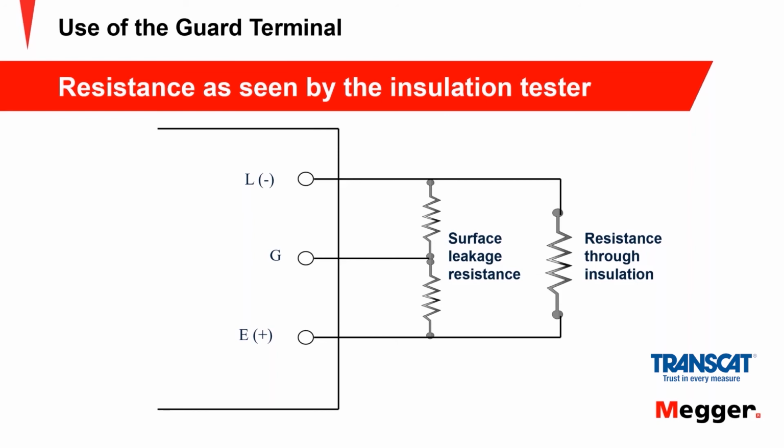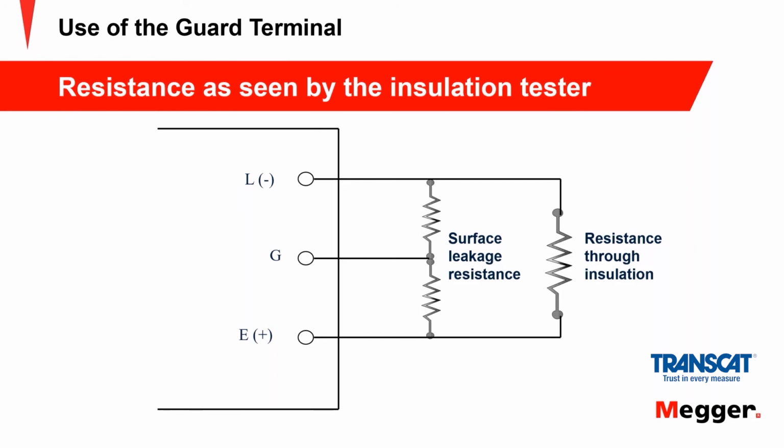We've got the resistance going through the body and the insulation, and in parallel with that, the surface leakage. If you didn't have the guard terminal hooked up and you just ran with your plus and minus terminals, then both of these paths are going to pass current, and the tester is going to see the totality of that current, and that's the measurement you're going to see.